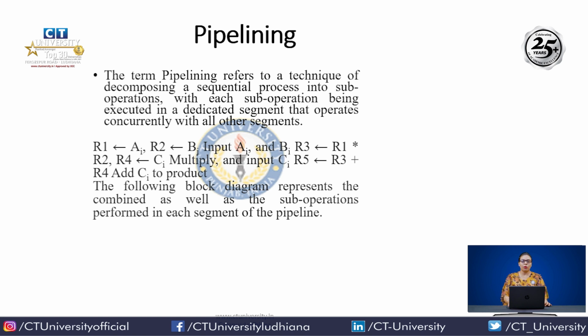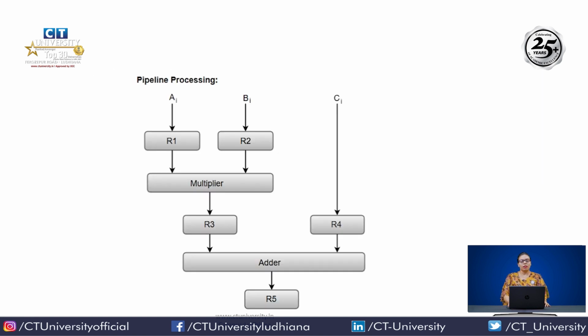Then the multiplication of both A and B is stored in another register, that is R3. And then we again pass some other value C, which is stored in register R4, and the addition of R3 and R4 is stored in register R5. It is clearly shown in this figure, in this flowchart.